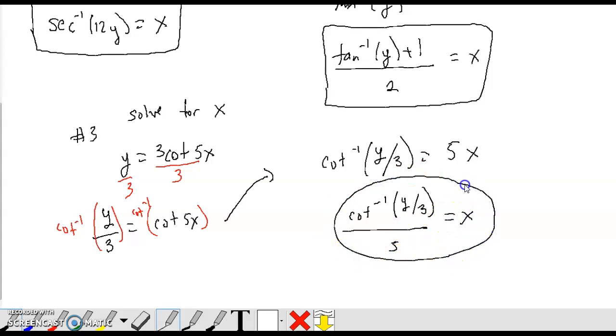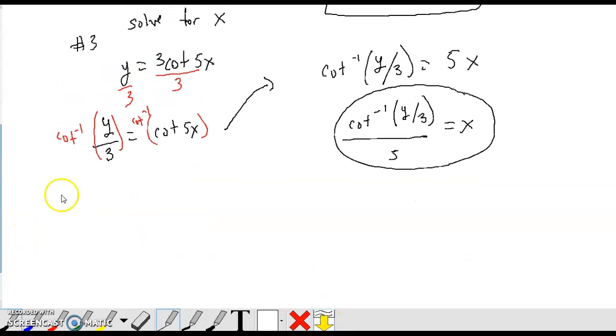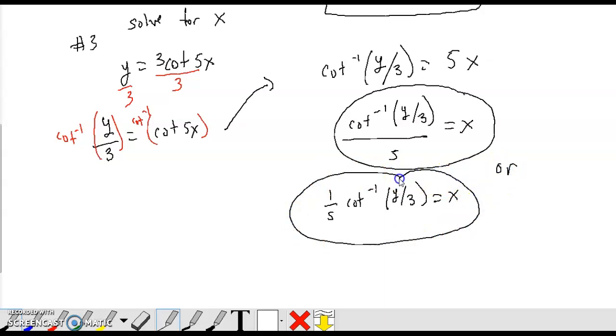Now we don't have to divide by 5. We could have multiplied by the reciprocal. So I could have said 1/5 times the inverse cotangent of y over 3. This is perfectly fine, so both answers are the same. So either one. Okay, so these are pretty straightforward problems.